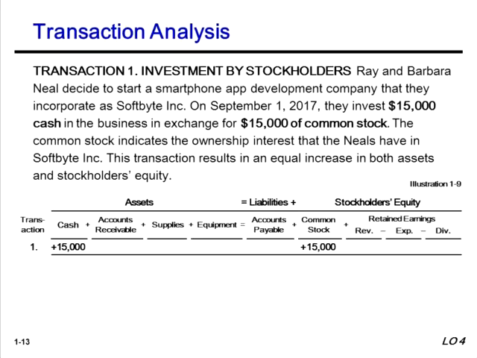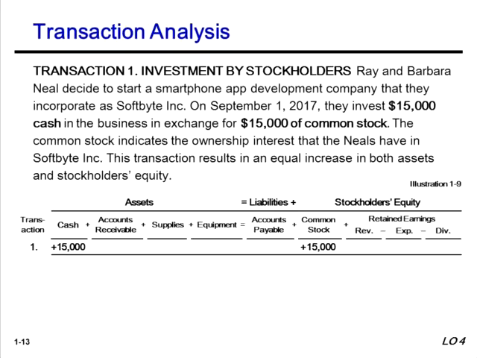The common stock indicates the ownership interest that the Neals have in SoftBite. All right, so they're owners, but what they're doing here is they are incorporating so that this business, SoftBite Inc., is a separate entity or artificial person that exists apart from Ray and Barbara Neal.